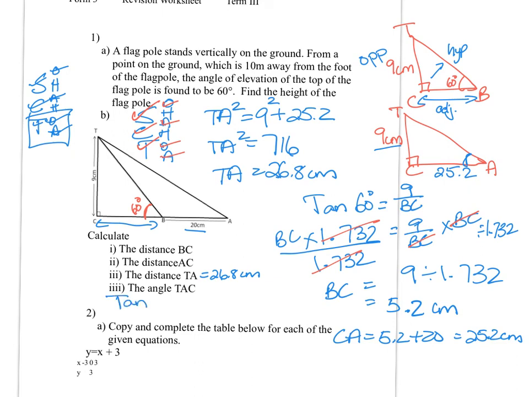Tan of the angle TAC is equal to opposite over adjacent, so that's 9 over 25.2. Therefore TAC is equal to tan inverse of 9 divided by 25.2. In the calculator, making sure it is in degrees and that we put 9 divided by 25.2 in brackets, we get that the angle is 19.7 degrees.